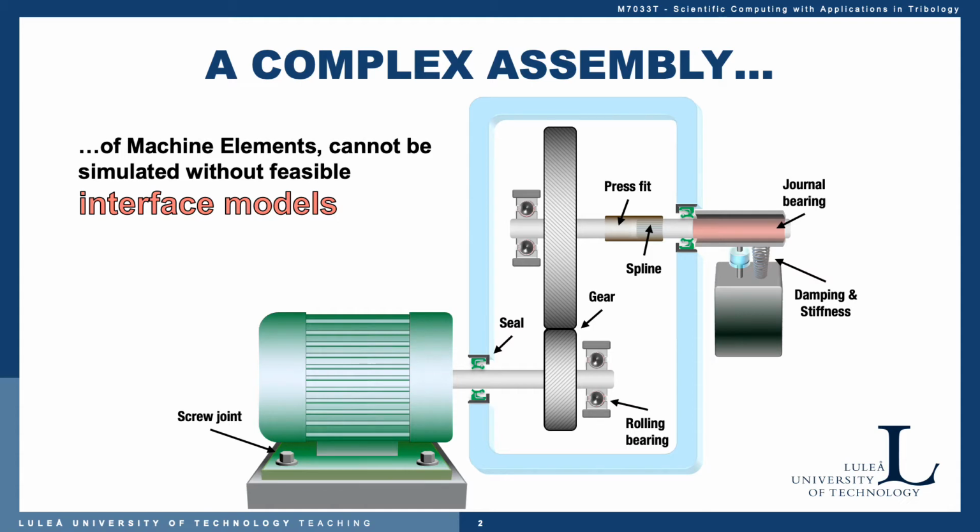However, to be able to simulate the performance of a complex assembly of machine elements, like in this case we have seals, we have gears, we have rolling bearings, we have splines and journal bearings, we need feasible interface models.